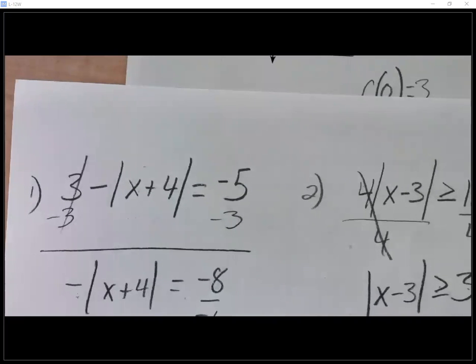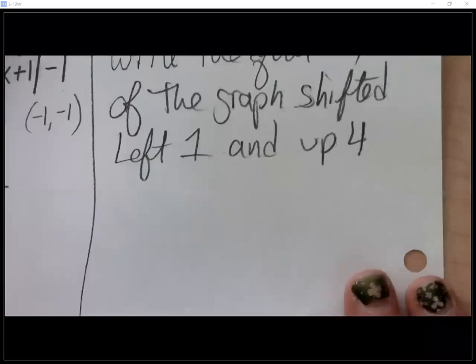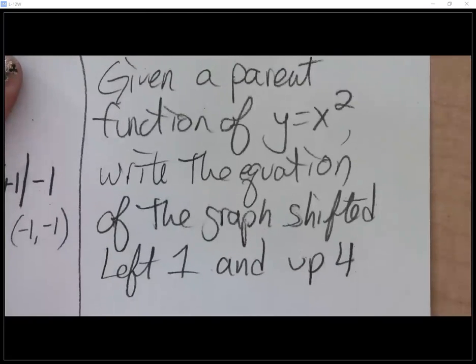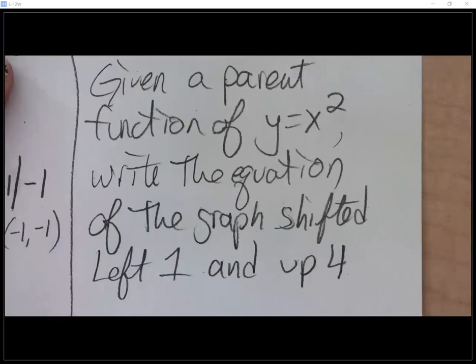There we go. All right, everybody try this one. Get this lined up. There we go. So I might say to you in words, hey, the parent function is y equals x squared. If you are going to shift that thing left 1 and up 4, what would the new equation look like?